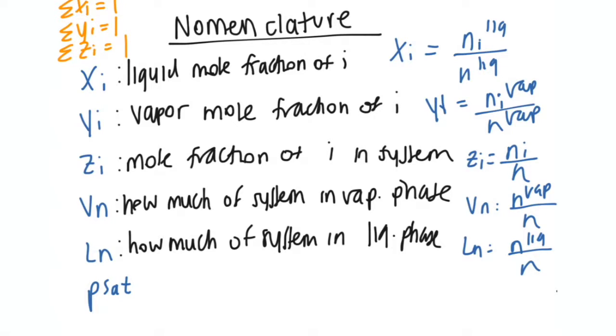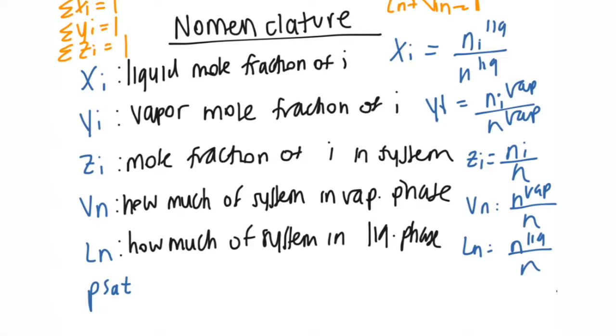This makes sense. You can think of 1 as 100%. It has to add up to 100. And also that my L_N plus V_N will be equal to 1. So I'm looking at fractions. So it has to be either liquid or vapor for what we're going to be talking about in this class. So if I have 0.2 of my system which is all liquid, then I know that 0.8 must be vapor. So 0.2 plus 0.8 will be 1.